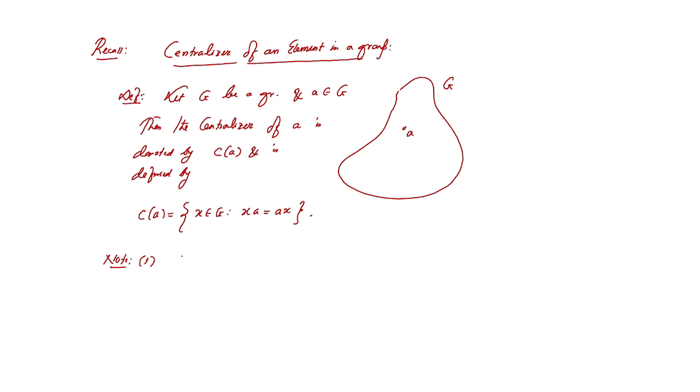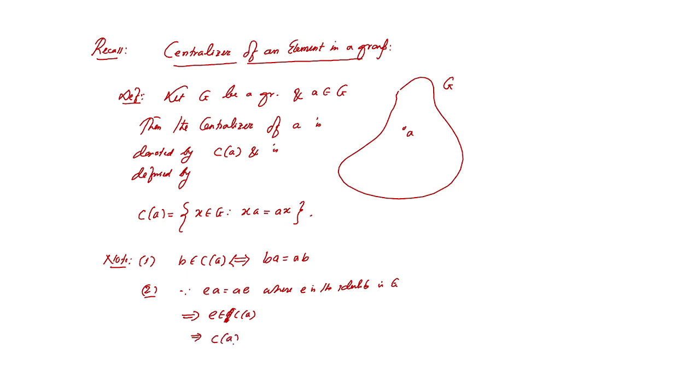If you have B belongs to C(A), what exactly does it mean? That means B A equals A B. That means B commutes with A, and it is if and only if. Note 2. Since e A equals A e, where e is the identity element in G, from that we can write e must belong to C(A), the centralizer of the element. So that means this set is basically a non-empty subset of G.